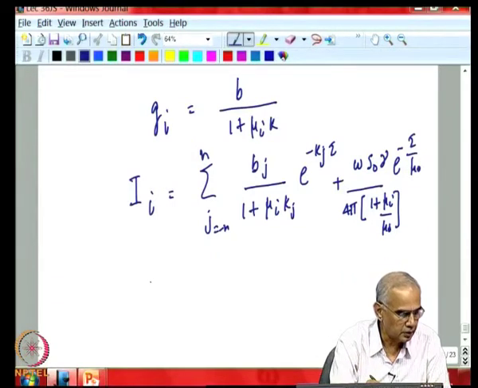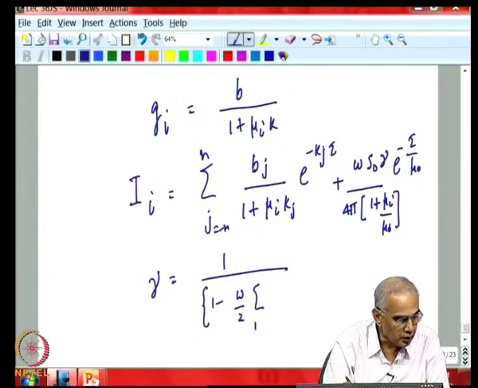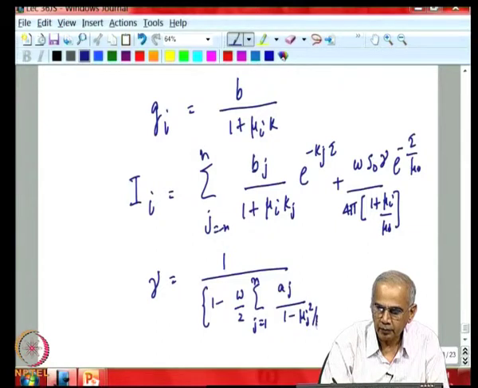So gamma is nothing but 1 by (1 minus omega by 2 sigma j equals 1 to n of a_j) minus (1 minus mu_j squared by mu_0 squared).